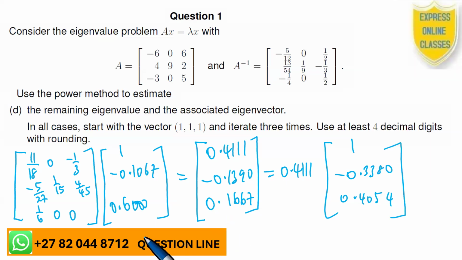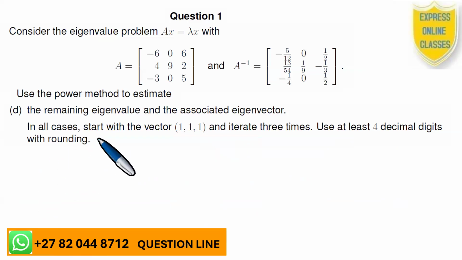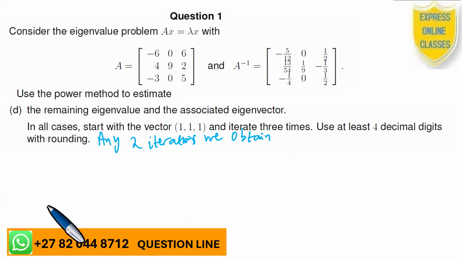Right. So now, after any two iterations we obtain 1 over lambda 3 plus 6.